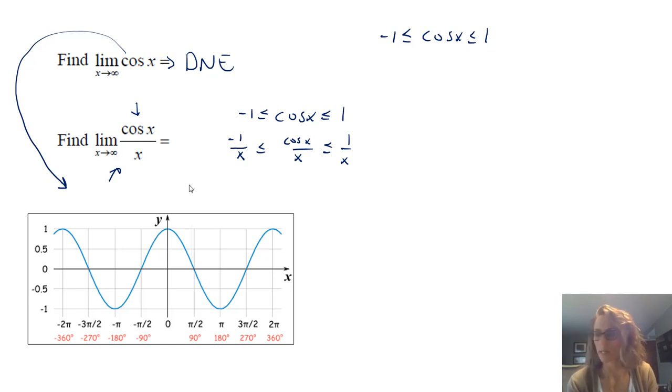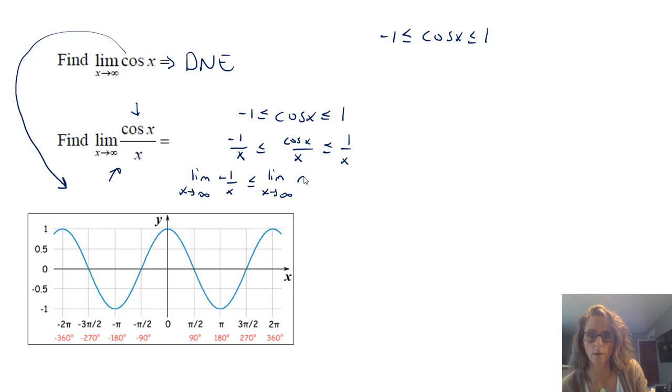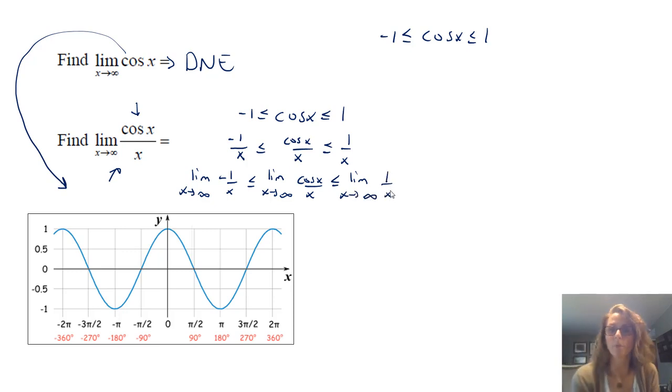And now, of course, the idea is if we look at the limit as x goes to infinity of all 3 of these, and again, you can look back at your squeeze theorem if you need to, limit as x goes to infinity of the middle piece, and the limit as x goes to infinity of the right-hand piece. Well, from earlier on in the section, we have these properties, and they have told us that this limit here is 0, and they've told us that this limit here is 0.